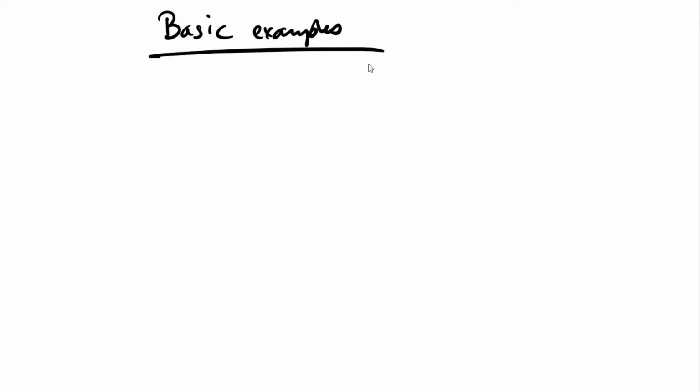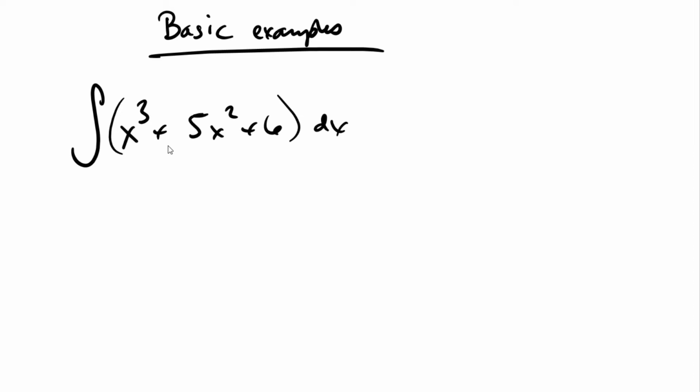Okay, so here are some basic examples. If you have an antiderivative or an integral of a polynomial, then the rules of linearity say that what you're really doing here is breaking this thing up into pieces.